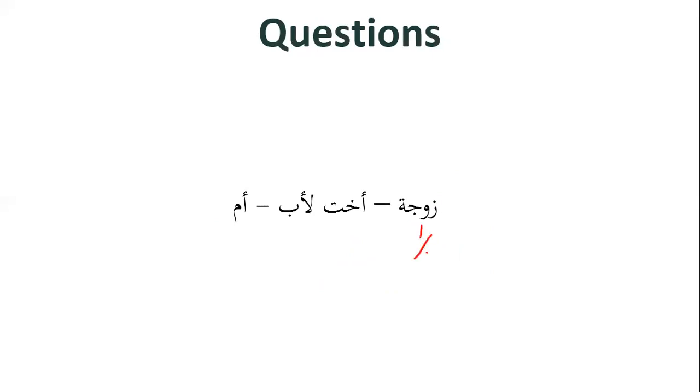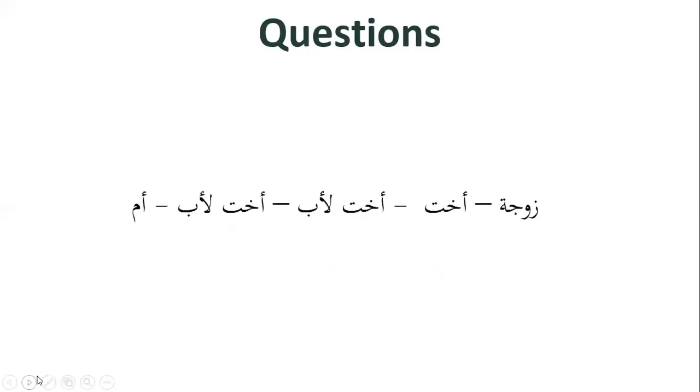Over here, zawja receives a quarter, ukht li abin according to condition number 1 receives a half, and would receive a third. So the zawja would receive a quarter. We have ukht, ukht li-abin, ukht li-abin.